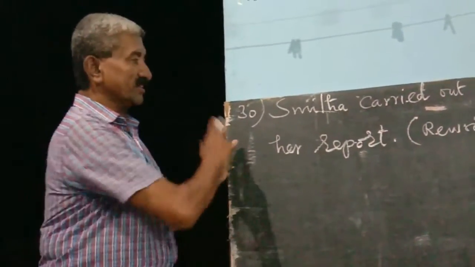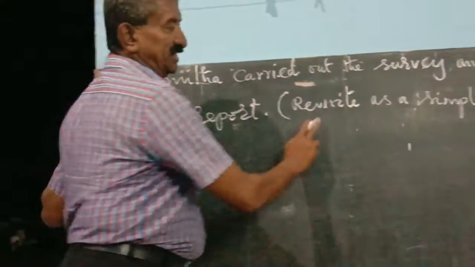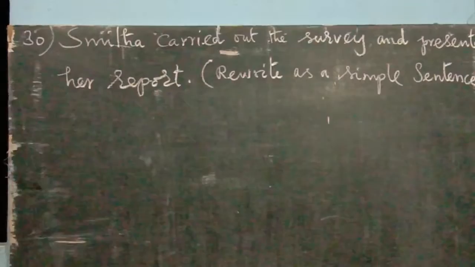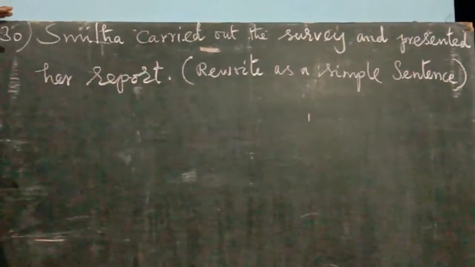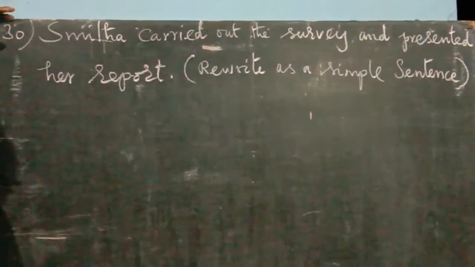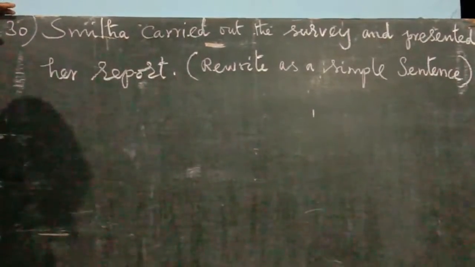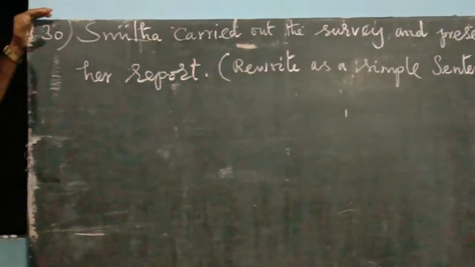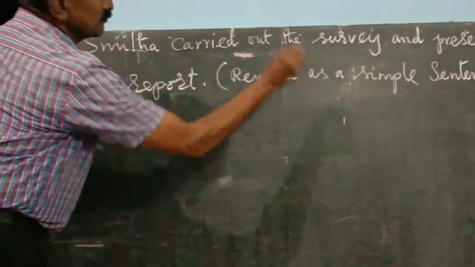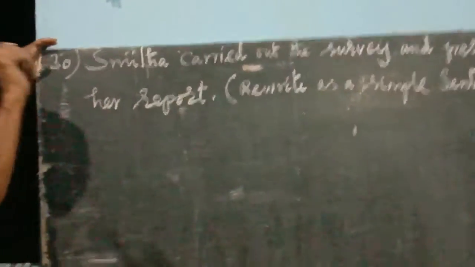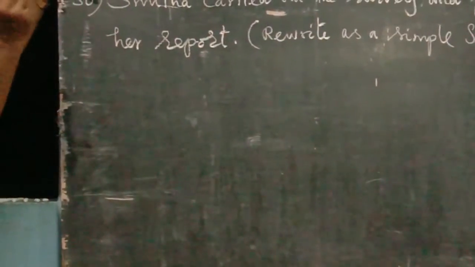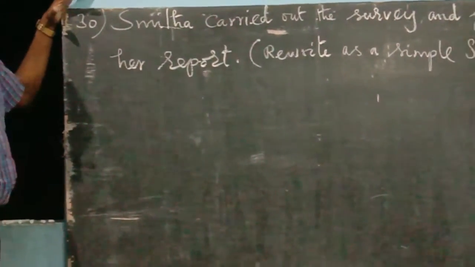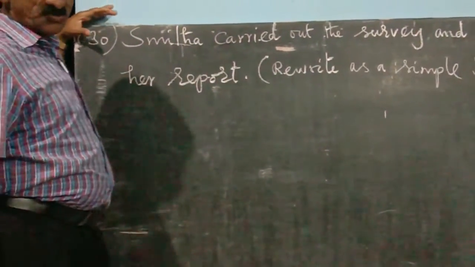Now, the 30th question goes like this: rewrite as a simple sentence. We had already gone through this many times, even in 11th standard, as well as in videos. I have shot many videos regarding simple, complex and compound sentences. Okay, doesn't matter. Let us get into it. Now, a simple sentence will have only one main verb and one phrase.